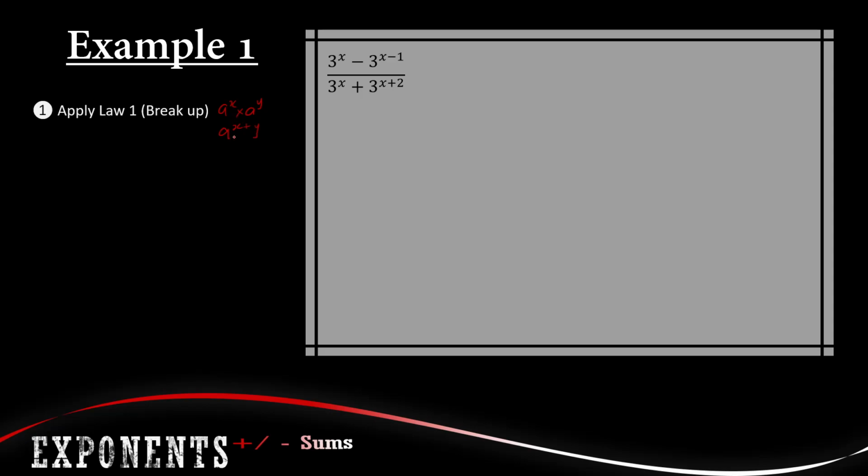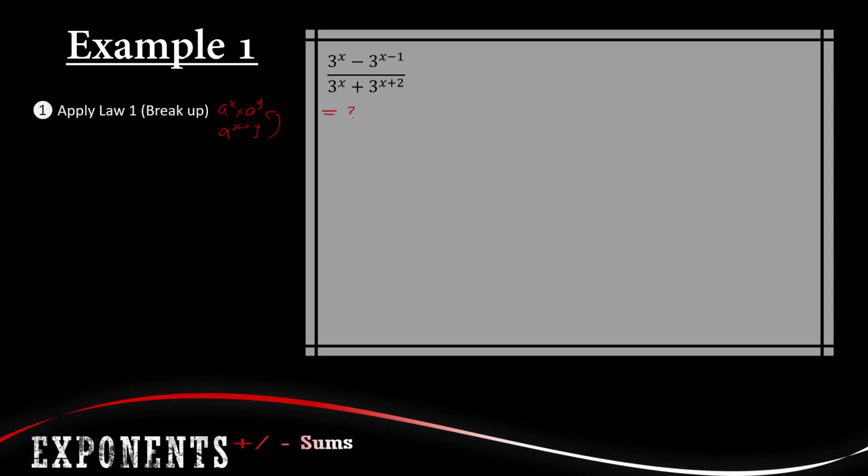Now, if I'm at this point where we can see here 3^(x-1), I can just take this backwards and break them up again. So you have the same base, but each exponent has its own base, basically. All right, so that's going to be our first step.